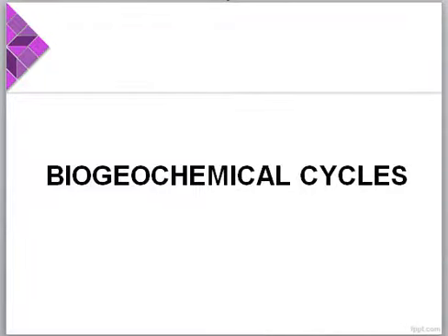What is all about the biogeochemical cycles? Biogeochemical cycles involve biological, geological, and chemical interactions by which matter moves in a cyclic form from living organisms to the abiotic environment and back again.